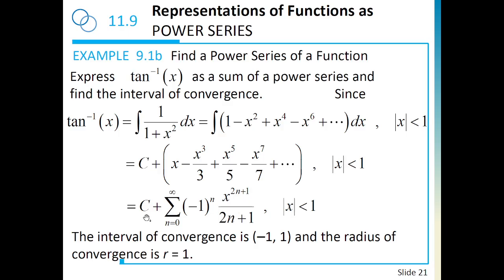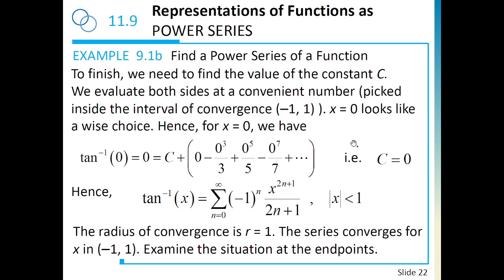so we can find the value of the constant. Now, we could take 0.2 or -0.7, but the wisest thing is probably to take 0, because then if I plug 0 here, things simplify. So that's why we pick 0 as a wise choice, because then I evaluate tan inverse at 0 on one side, which is 0 obviously, and on the other side I have a constant plus, and then I replace x by 0 everywhere, so everything is 0.